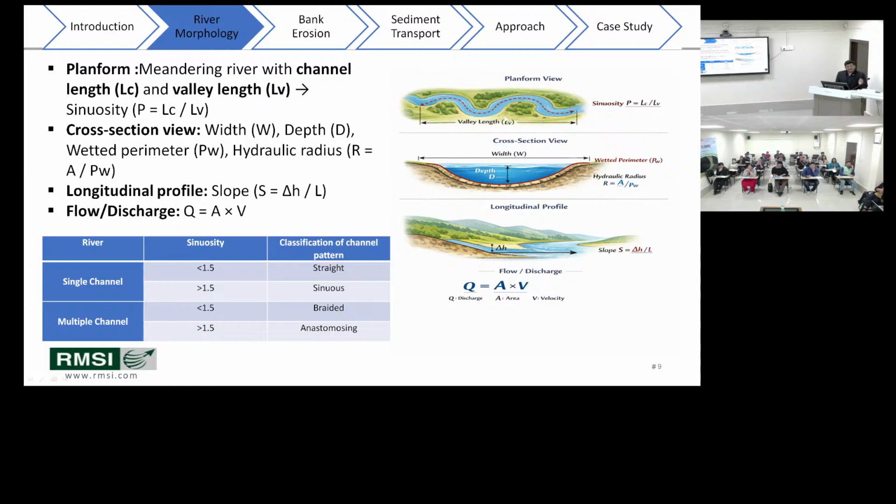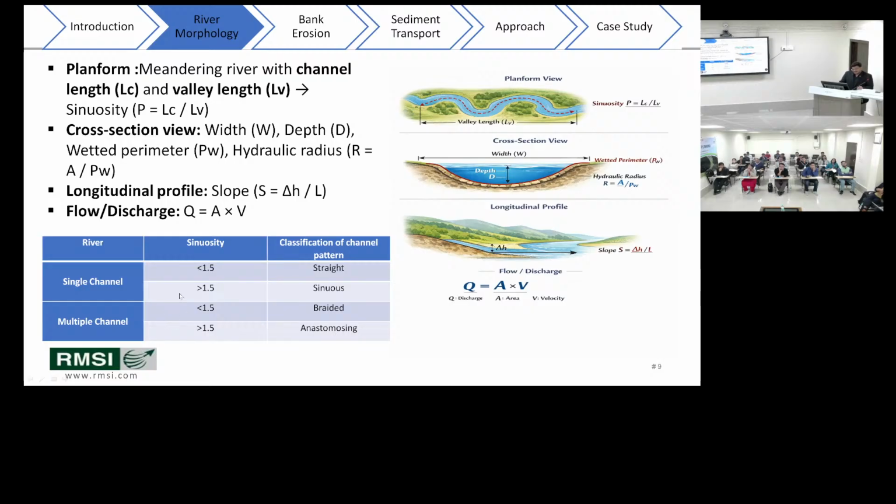Sinuosity is basically how much curve a river is forming, and it is calculated as channel length divided by valley length. To calculate the wetted perimeter and hydraulic radius, we use area divided by wetted perimeter, and discharge is calculated by multiplying area by velocity.